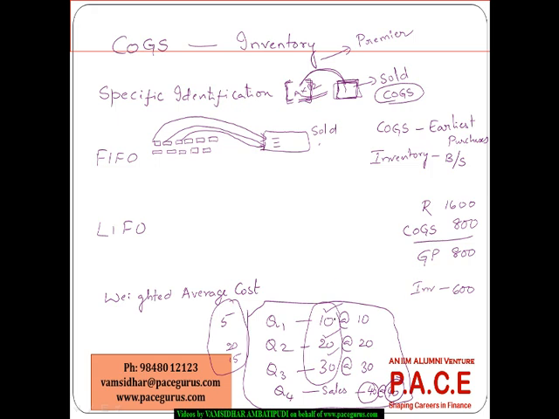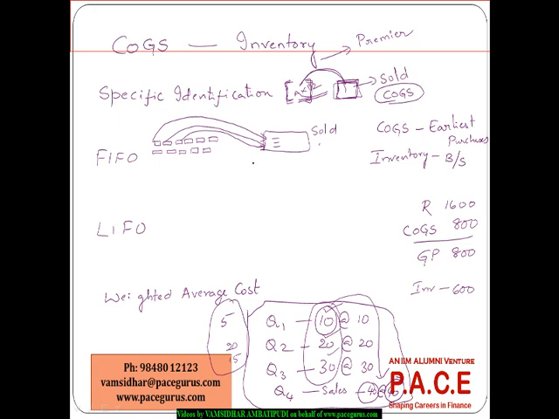The earliest purchases are going as a part of cost of goods sold, and the latest purchases are going as a part of the inventory. So the main assumption is that the first item purchased is the first item sold. So the most recently purchased item typically goes into the ending inventory calculation.